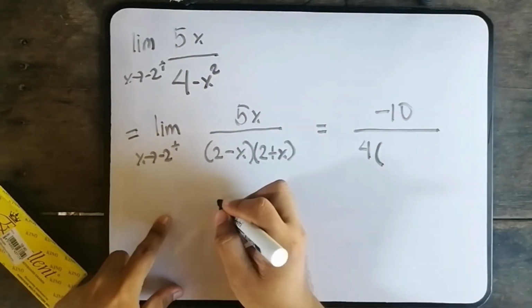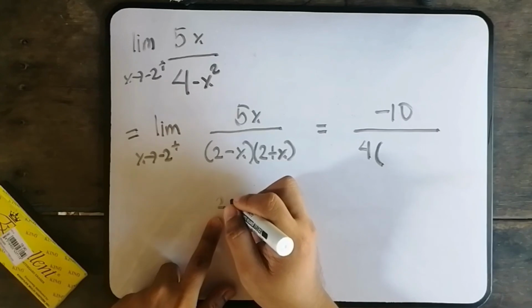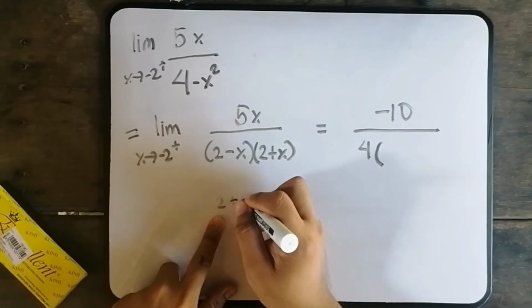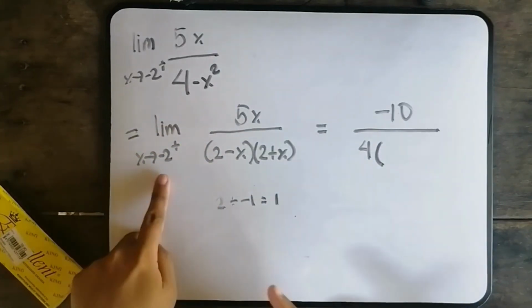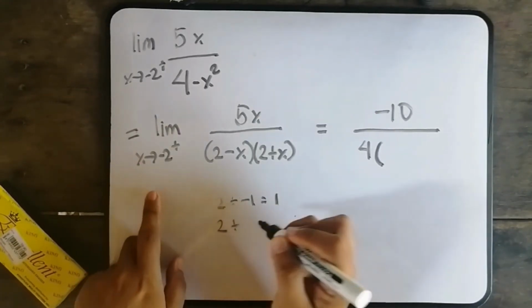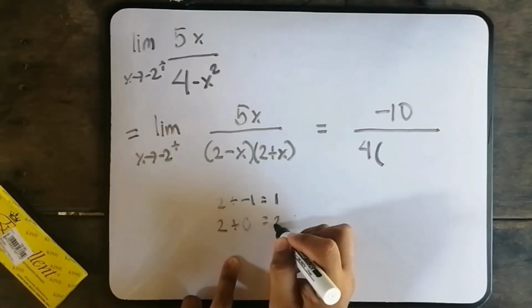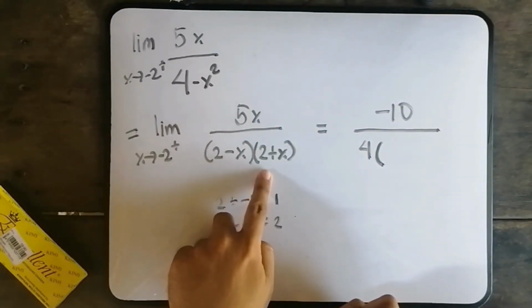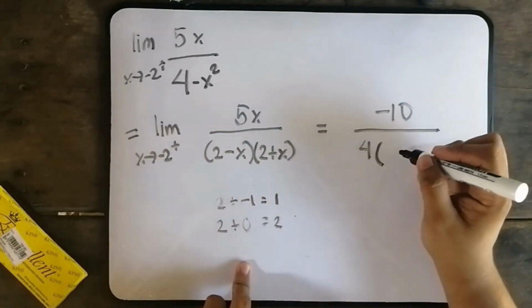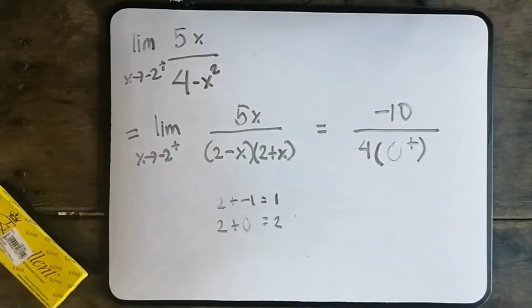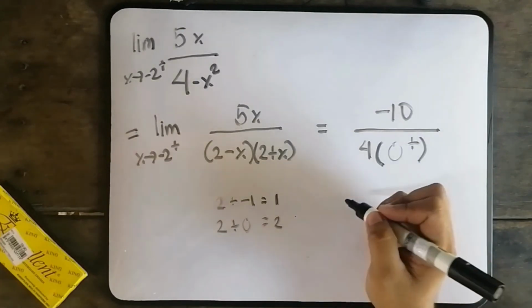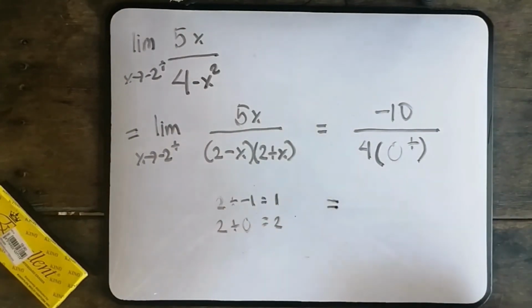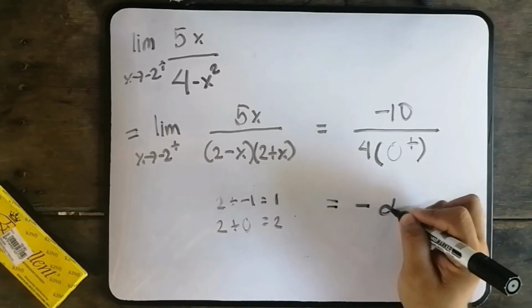So we have 2 plus negative 1. So we have 1. Diba? Nasa right siya ng negative 2. 2 plus 0, we have 2. So this means that as it approaches 0, it actually passes through the positive value. So that is 0, positive. Since we have negative sa taas at positive sa baba, different signs, this means that this is equal to negative infinity.